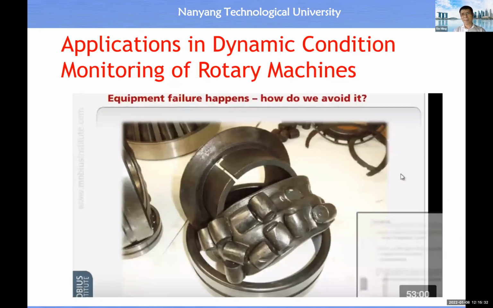And another application in industry is to measure vibration signal, then analyze vibration signal in order to identify and locate the source of a vibration, because this source of a vibration indicates the potential failure of motion machine, all right?